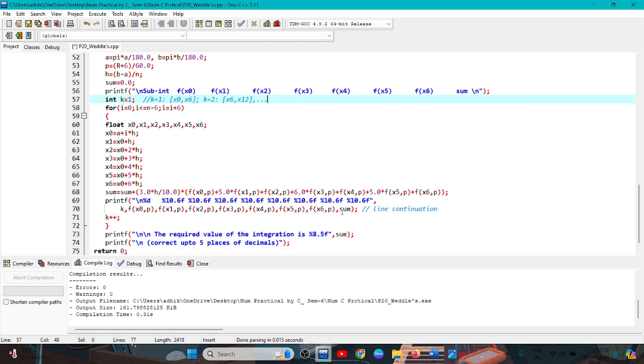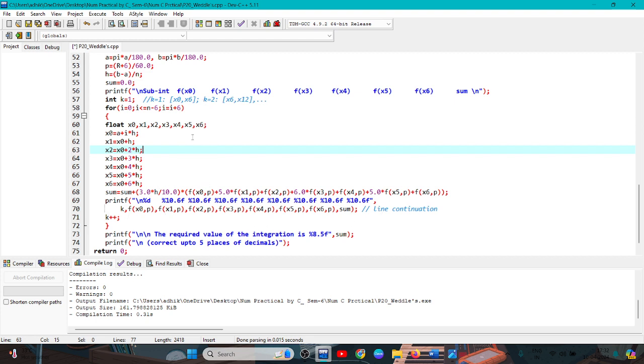Note that this line is very long, so we break this line by simply pressing enter, which is the line continuation, after putting a comma. Then k equal to k plus 1, the next step.